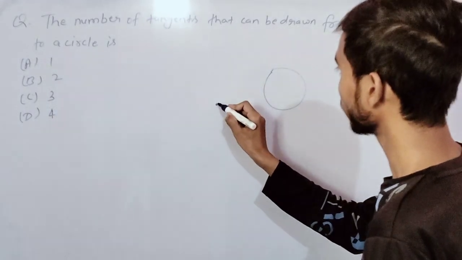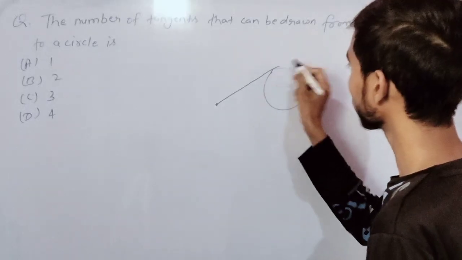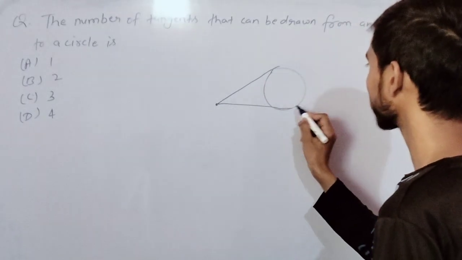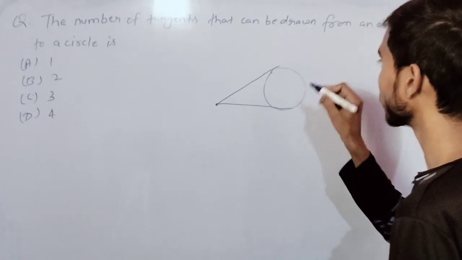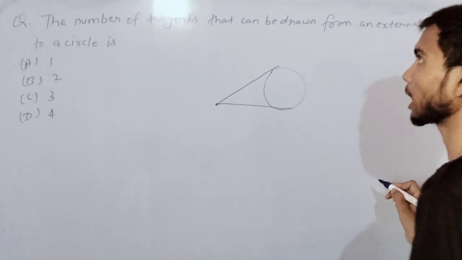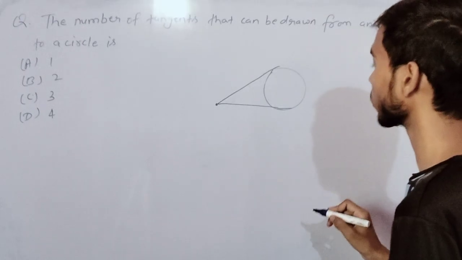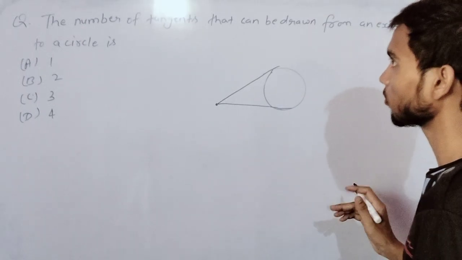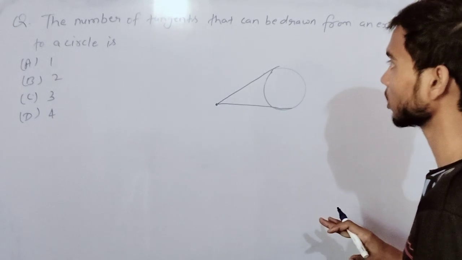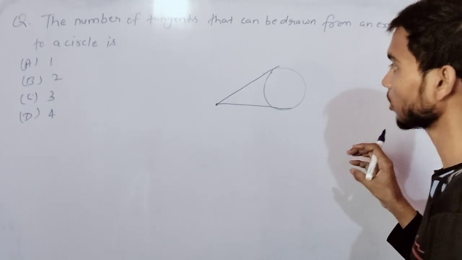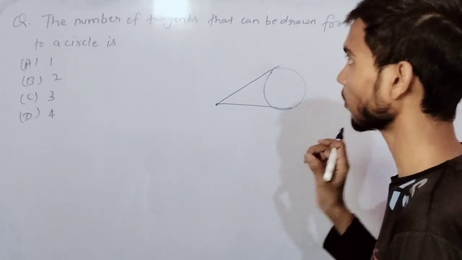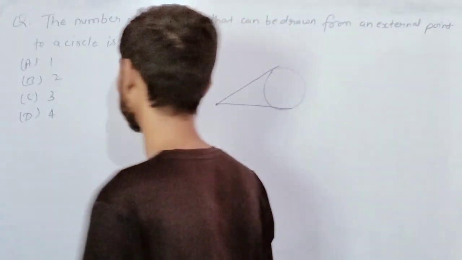As you know, from an external point, only two tangent lines can be drawn. From an internal point, no tangent lines can be drawn. From a point which is on the circumference of the circle, only one tangent line can be drawn.